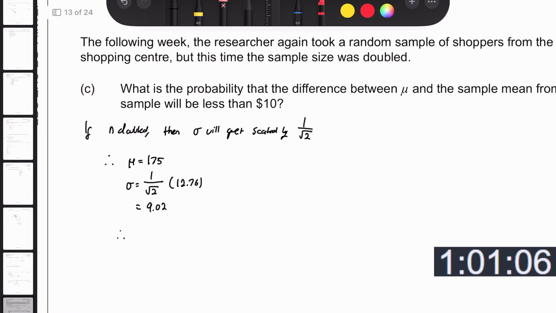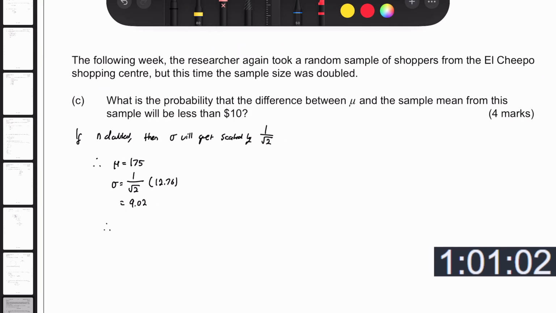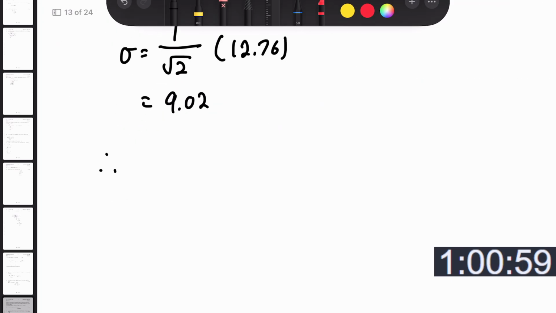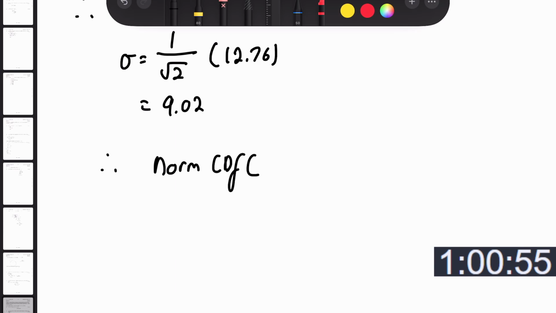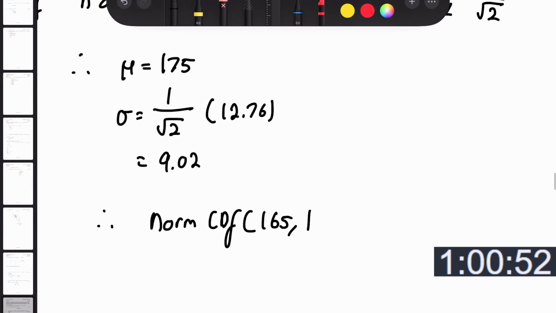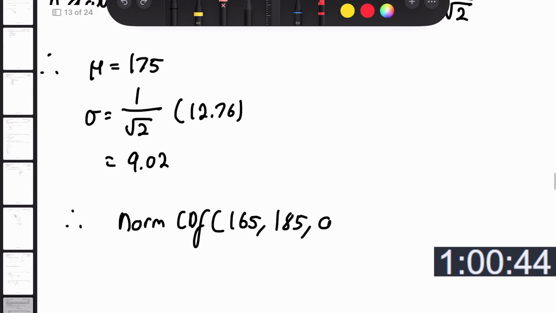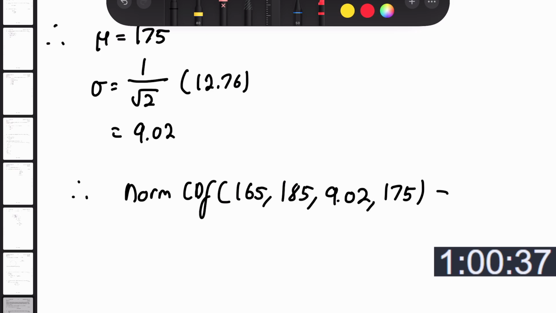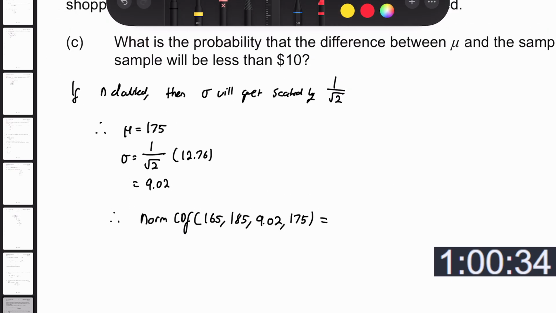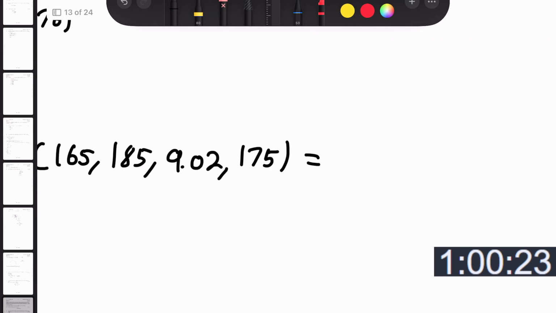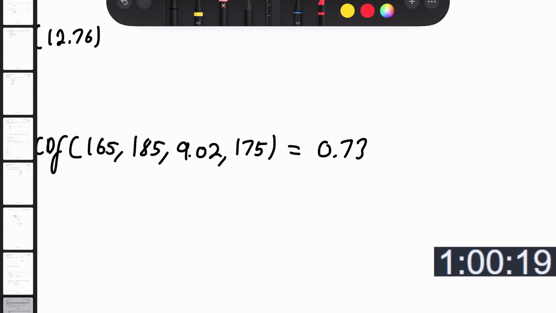Therefore, the probability that mu and the sample mean will differ by less than $10 is 165 to 185 with a standard deviation of 9.02 and a mean of 175, so now normal CDF. It's going to be 0.7324. It's the probability.